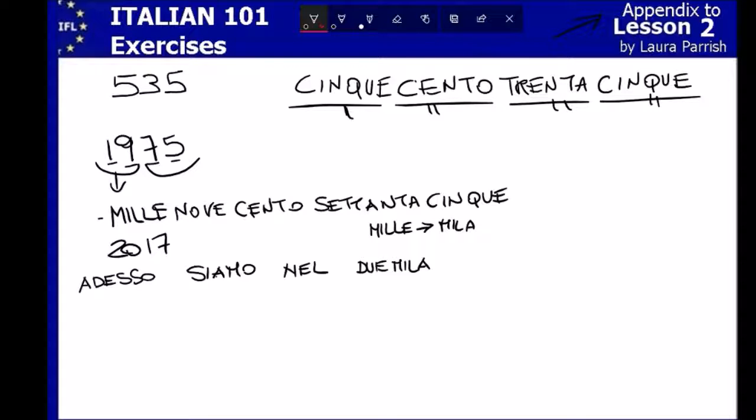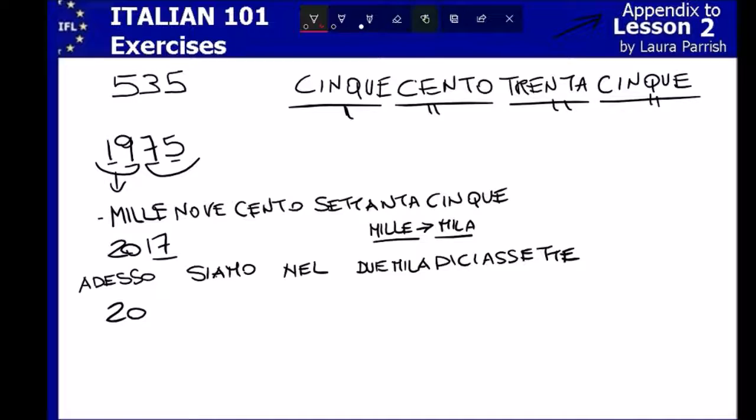So the plural of mille, 1000, is mila, which is irregular. So 2000, and then you say just the number 17, 2017.